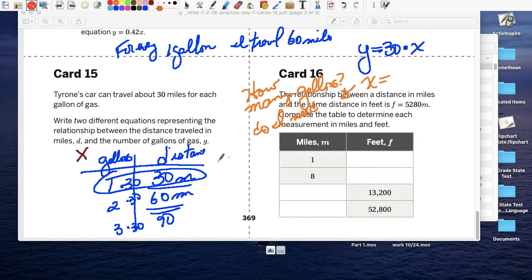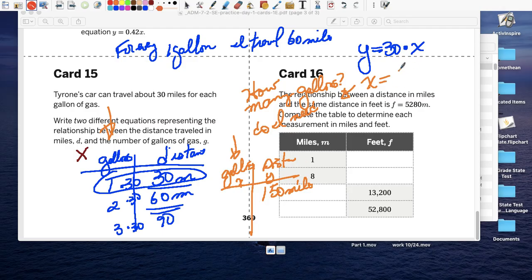Well, in order to get x, remember we're going to go backwards, the other way. So let me create another column over here. Let's continue that, and let's say I want to drive 150 miles. How many gallons would I need? So if I want to find the number of gallons, what do I have to do?